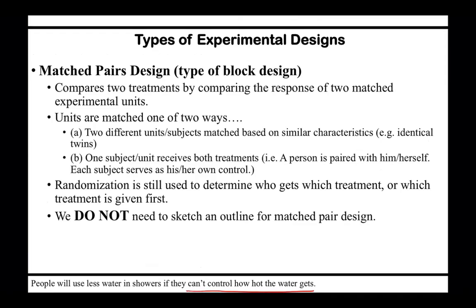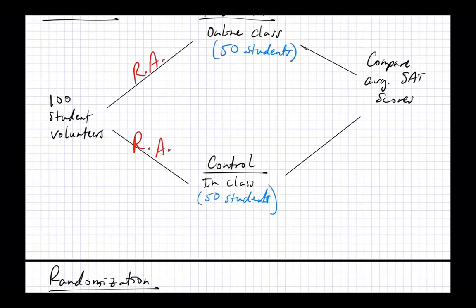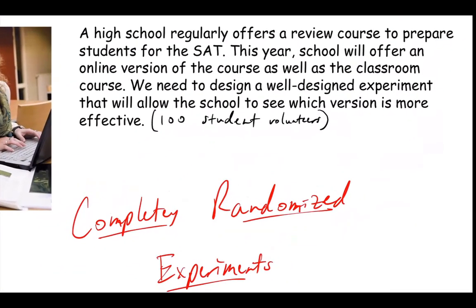This question here, the first one we did, we did an experiment all the way through. How could we change this so it's a match pair? Or could we?